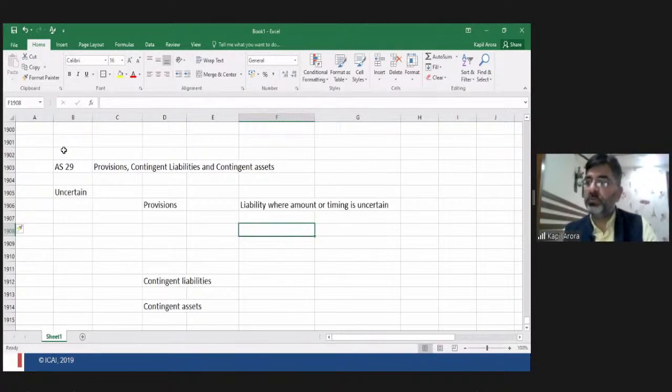Now, can you tell me any example where the amount or timing is uncertain, or any example of provision which we can consider in our books? Any amount of provision which you think we can consider in our books.